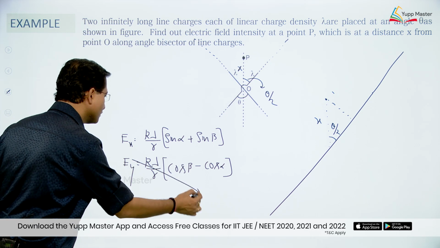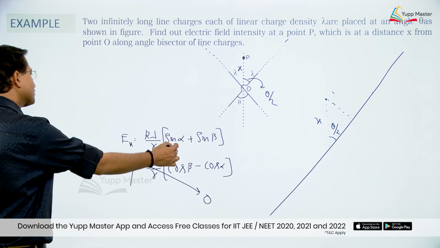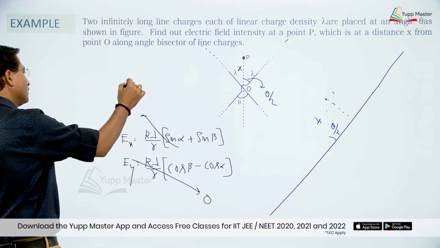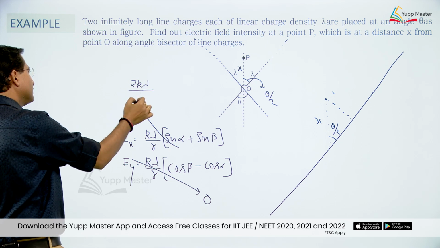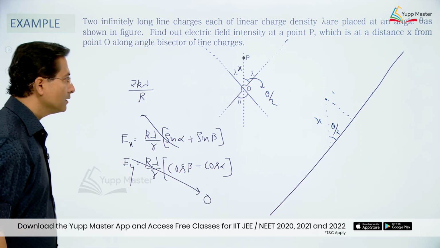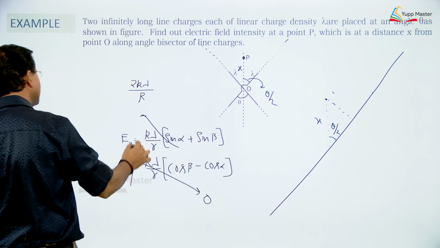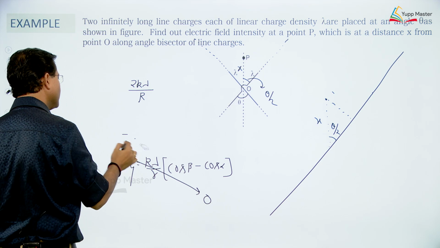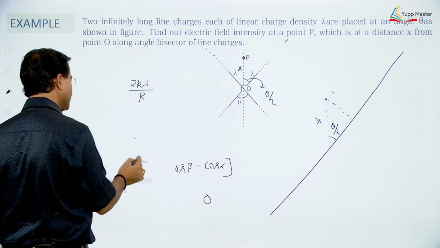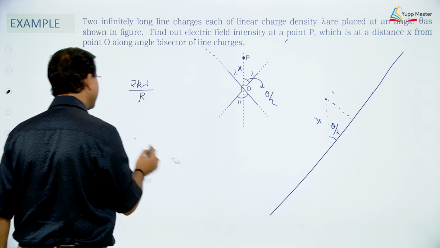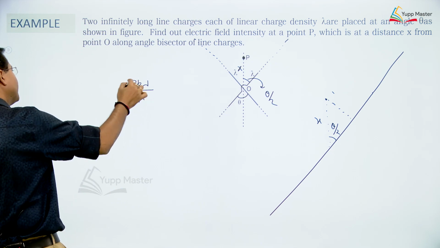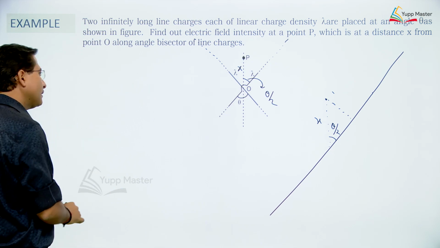So this will be 0, and here this gets converted into 2k lambda divided by r. That means the component along the wire will be 0 and the component perpendicular to the wire will be 2k lambda by r.